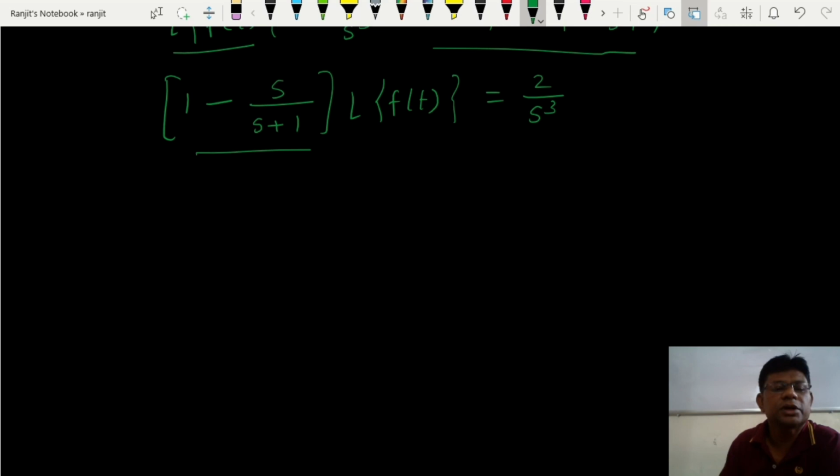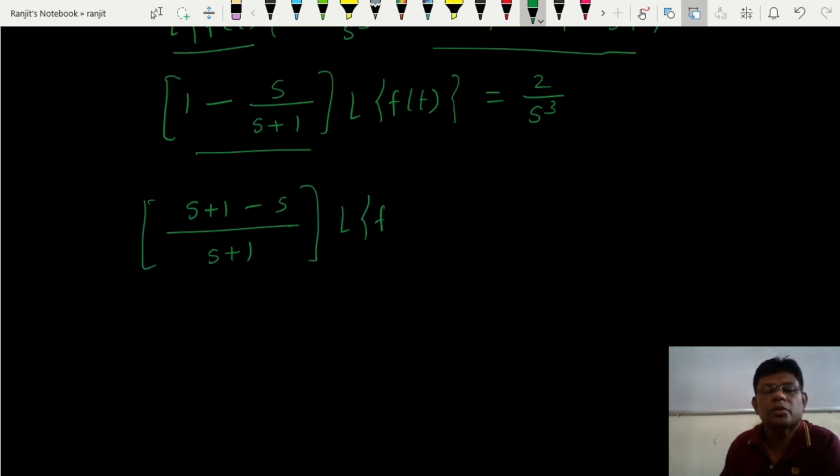Now cross multiplication, s plus 1 minus s upon s plus 1 times L of f of t is equal to 2 upon s to the power 3. Now this s minus s get cancelled. The answer is 1 upon s plus 1.